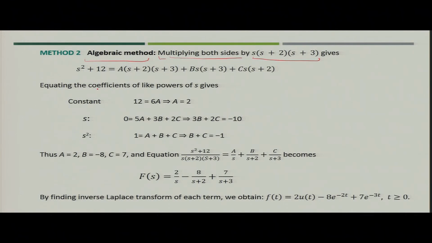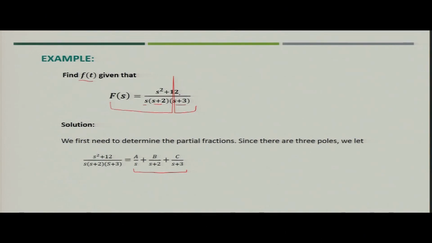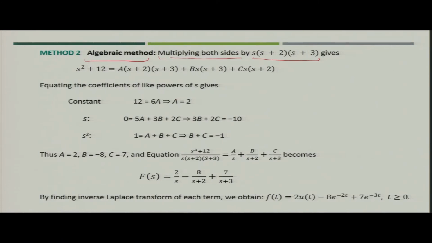If you see the expression here, s square plus 12 is there in the numerator, and in the denominator we have s into (s plus 2) into (s plus 3). So, if you multiply both sides by this, you will see that s square plus 12 is nothing but A into (s plus 2) into (s plus 3) plus B into (s plus 3) plus C into (s plus 2).